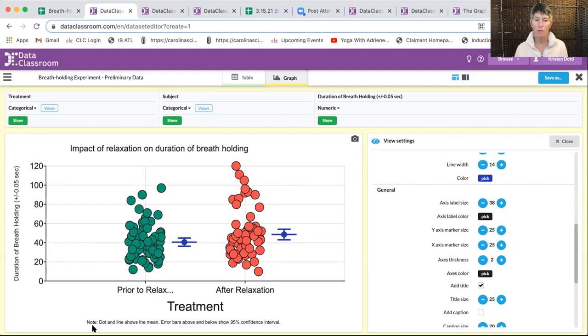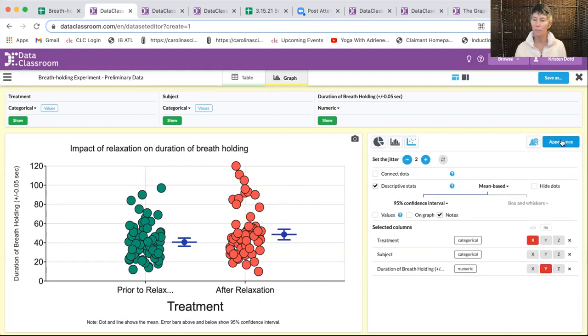Notice that there's also a comment here on the error bars that says that the error bars above and below show the 95% confidence interval. That way it's described right there underneath the graph as a figure caption as needed.